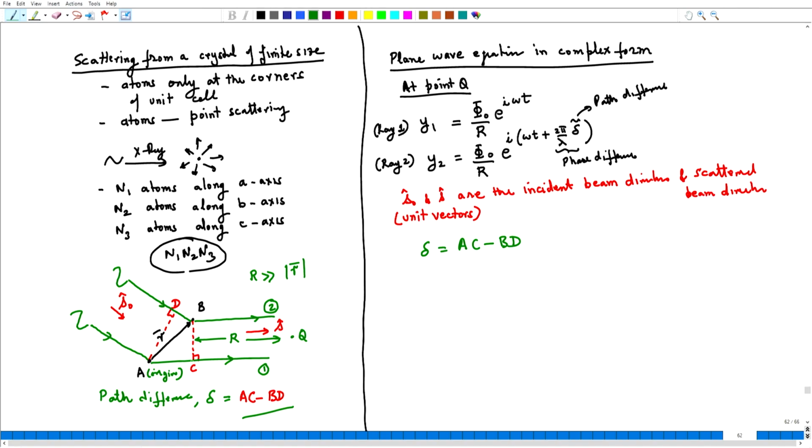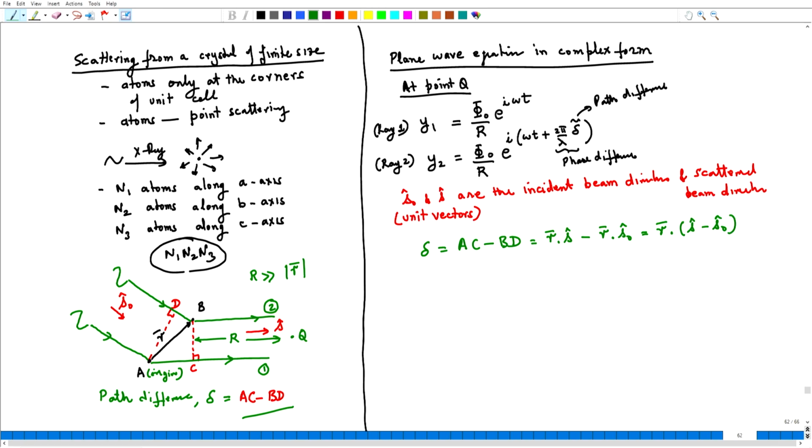Then AC is simply nothing but the projection of the vector R onto ray 1. So, AC is simply equal to the dot product R dot S. Now, BD is simply R dot S naught, which could be written as R dot S minus S naught.